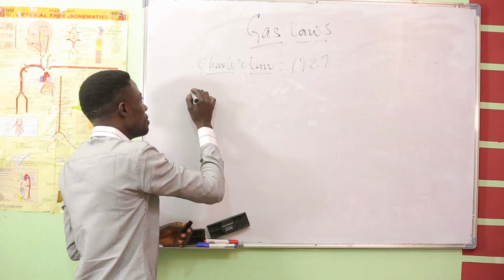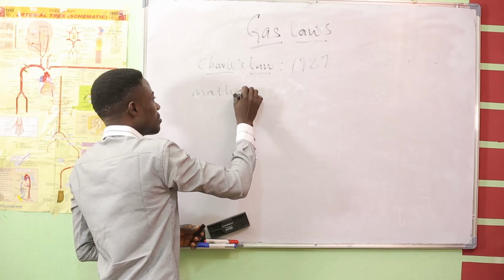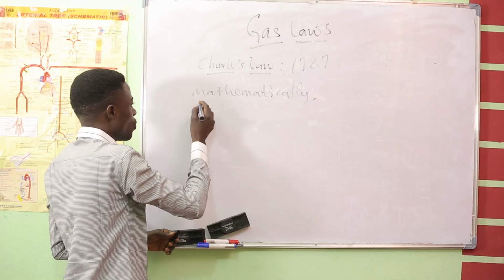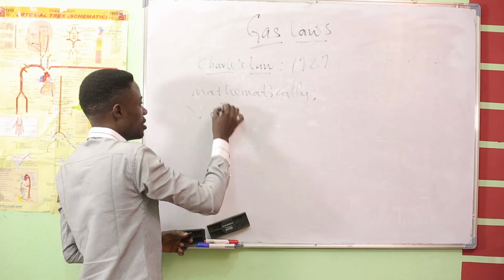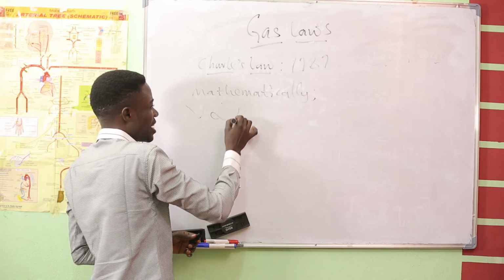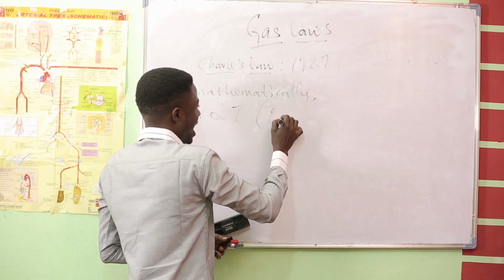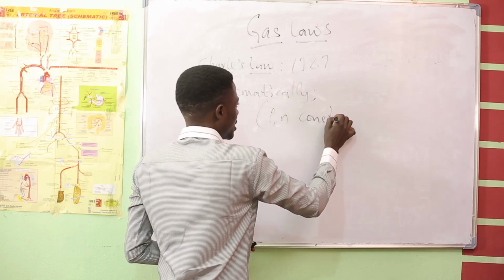Now, let's look at that law mathematically. So we have V varies directly with T when P and N are kept constant.